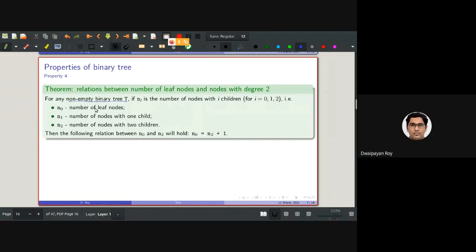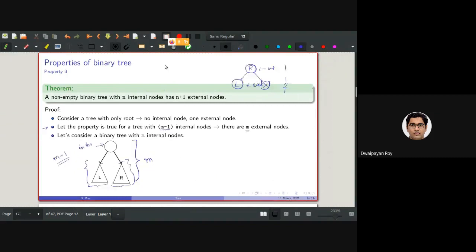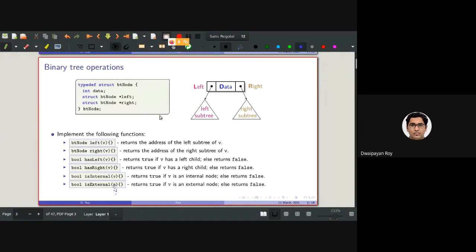Now, the counter question: what should be an empty binary tree? I have discussed this earlier briefly. If there is no root, then it's empty. Correct. So if I declare one object of this structure we have already declared, and initialize the object with null, then we can say it is an empty binary tree.